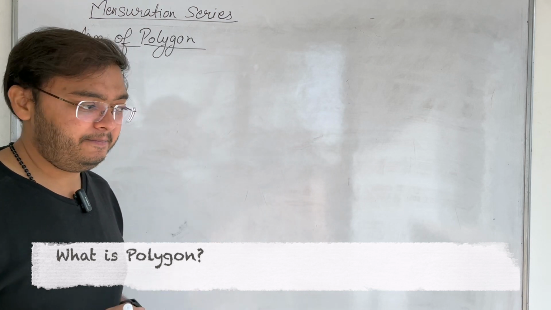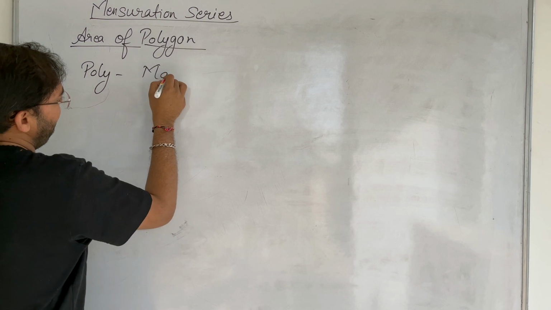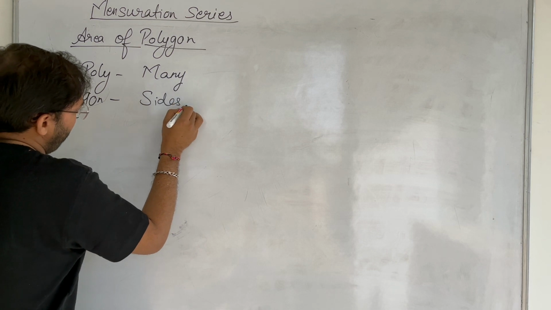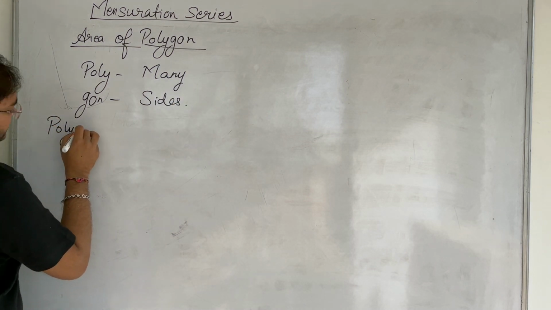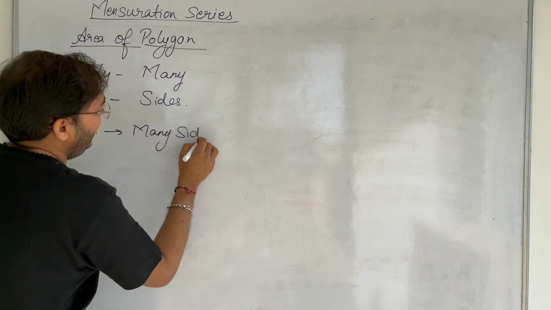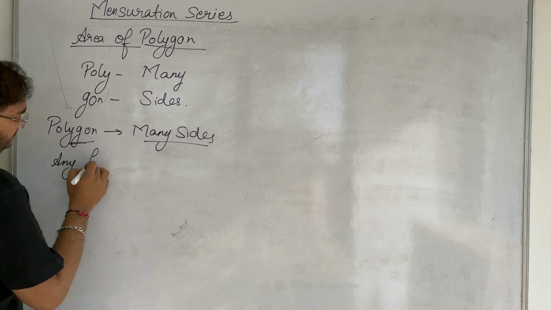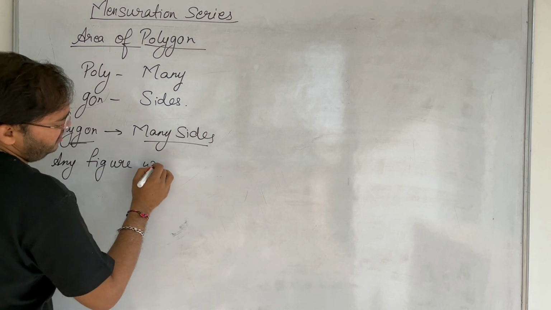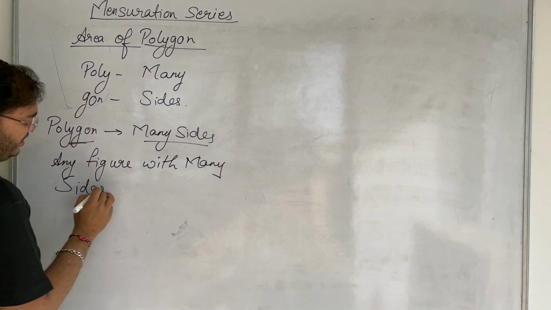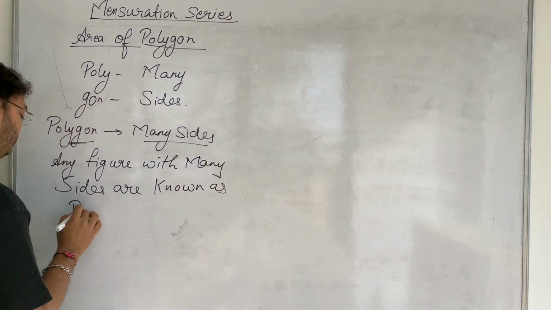Now what is a polygon? Poly means many and gon means sides. So together, polygon means many sides. And when I connect polygon with mensuration, that means any figure with many sides is known as a polygon.